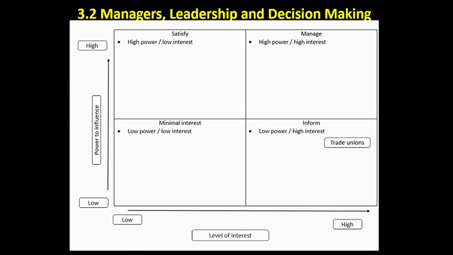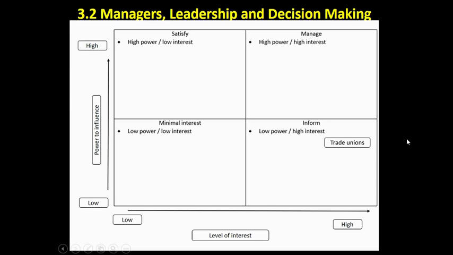So just to recap, this is Mendelow's power grid, where we look at the stakeholders who have got a high influence and those stakeholders who have got a high level of interest over the business, and the other corresponding portions of the grid.